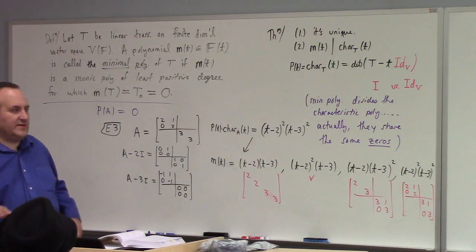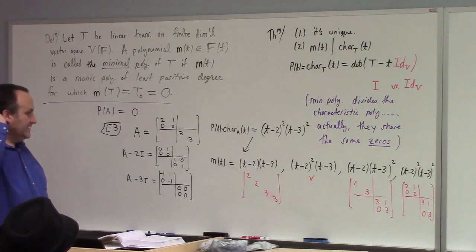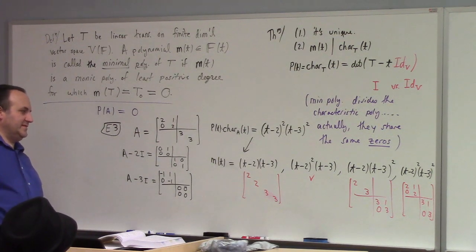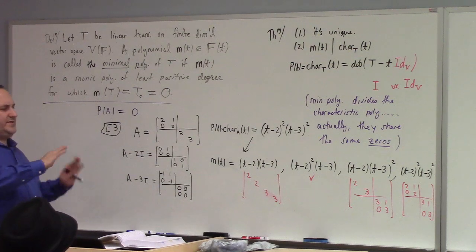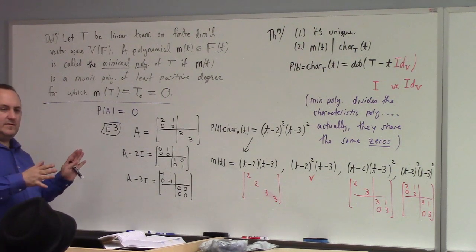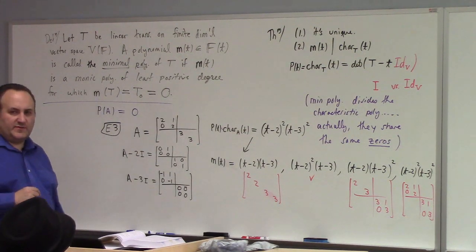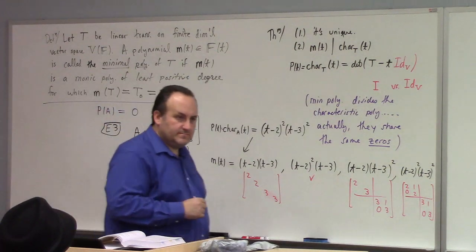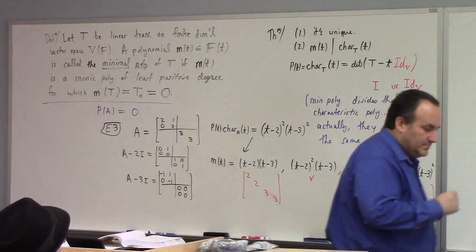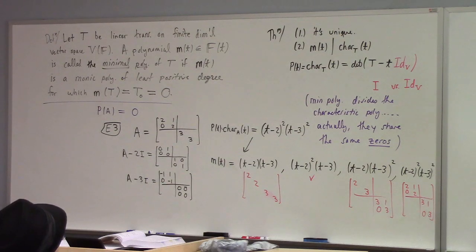So the minimal polynomial is interesting, and it's a fun thing to look at. Okay, well, how about this? Can you guys tell me what is the minimal polynomial if the matrix is diagonalizable? The characteristic polynomial, but all its factors just have power of 1. That's right.